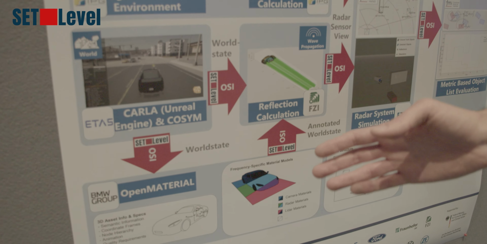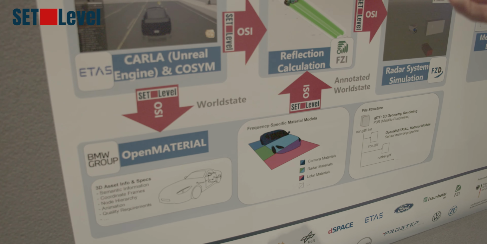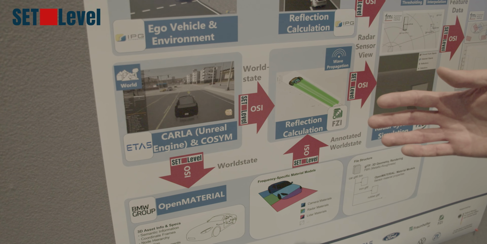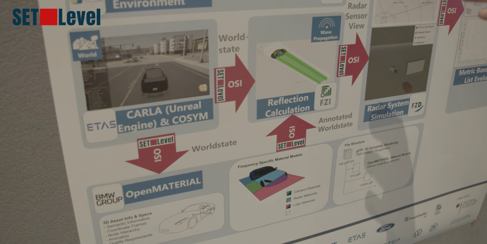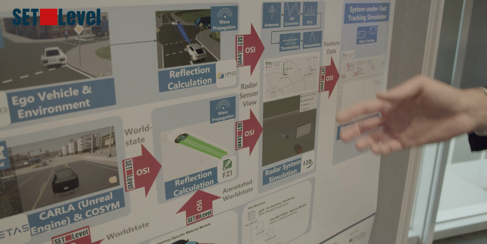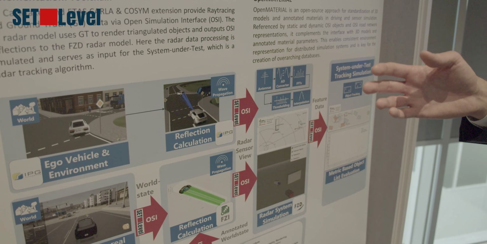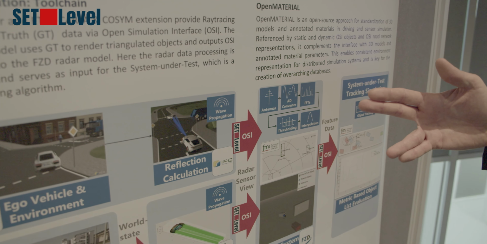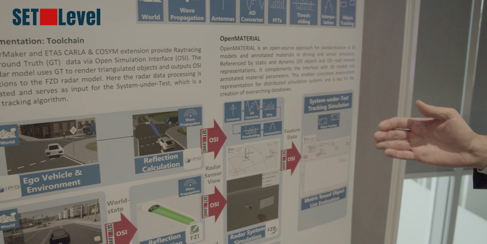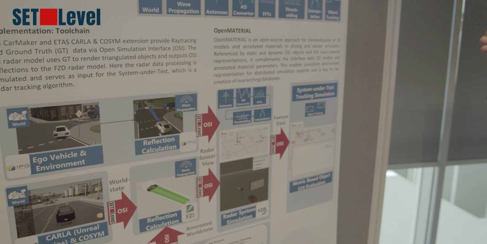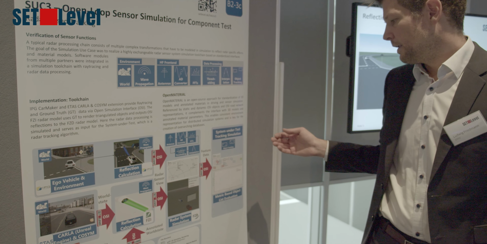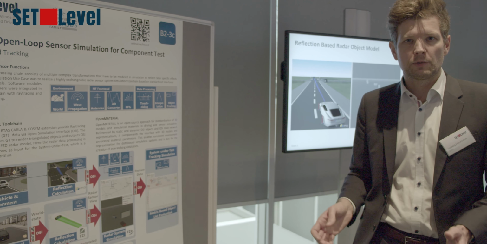interface by Open Material. In the first proof of concept here, we added material and 3D model references to the Open Simulation Interface message ground truth in order to be able to create the same virtual world in the reflection-based calculation model of FZI, consistent with the one in IPG CarMaker, in order to be able to have input from the two different environment simulations and use them in our radar system simulation from FZD, and finally use the output of this component in our system under test, which is a radar-based tracking simulation and a metric-based evaluation of object positions.